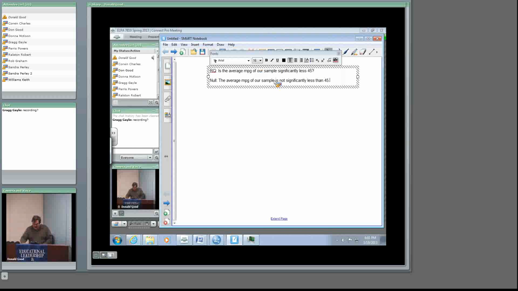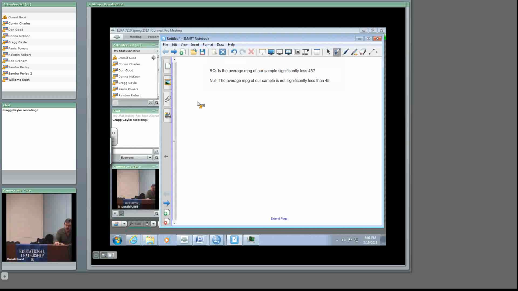So I have, and I'm skipping ahead several pages to where I can actually see the data, here are numbers. Here are average miles per gallon.